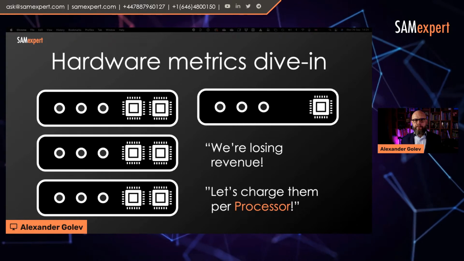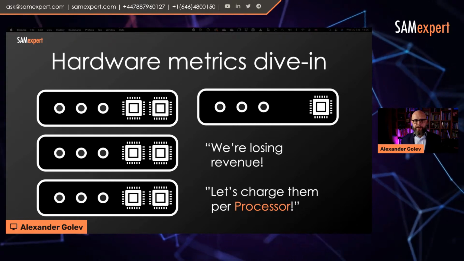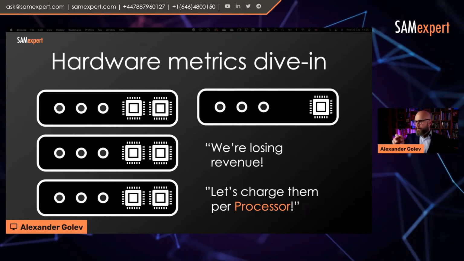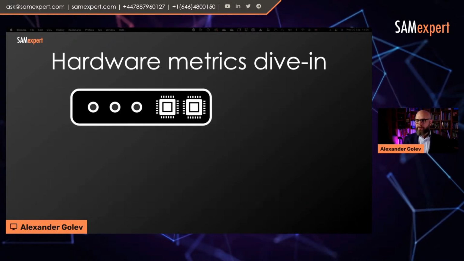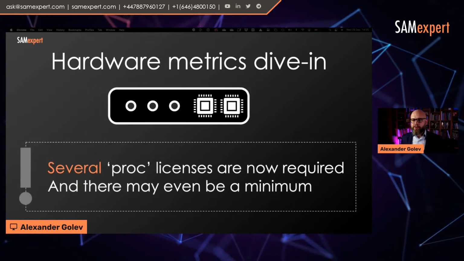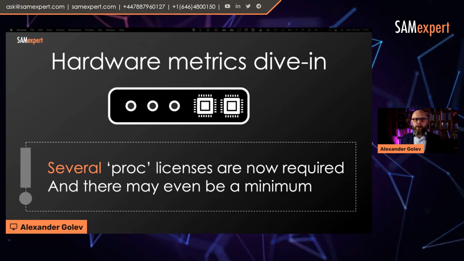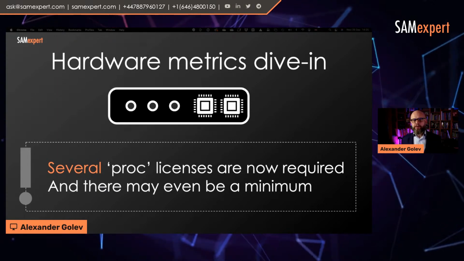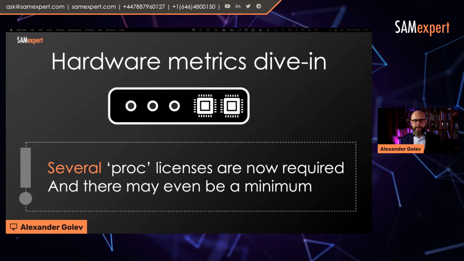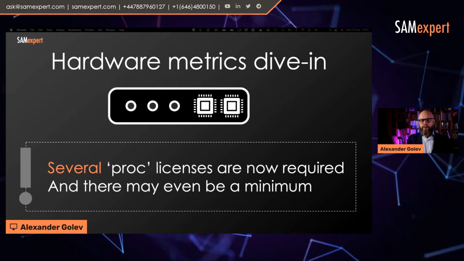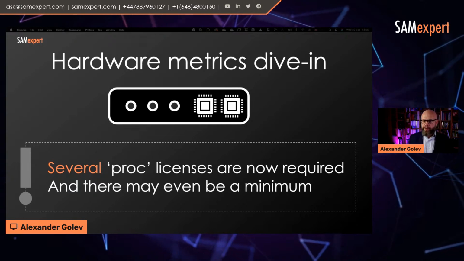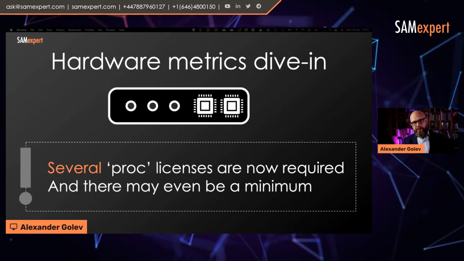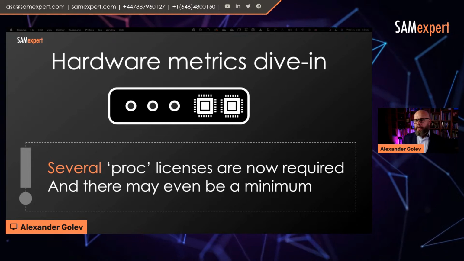Microsoft started selling fewer server licenses because people started scaling up by buying multi-processor servers. So Microsoft changed the metric to processor, now demanding multiple processor licenses per one server, counting the processors. There was always a minimum of 2, by the way, in the Microsoft world. So you couldn't assign less than 2 server licenses to a server.